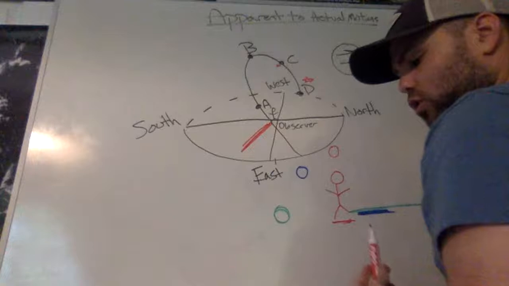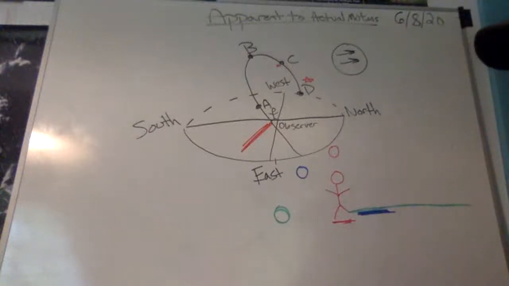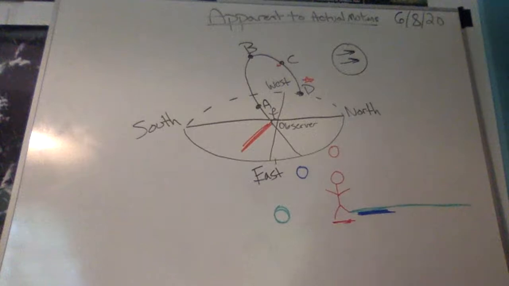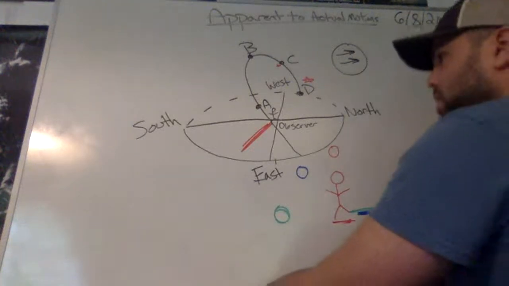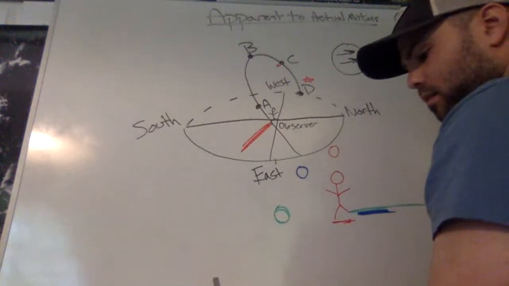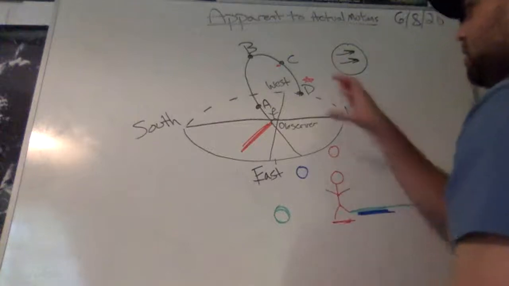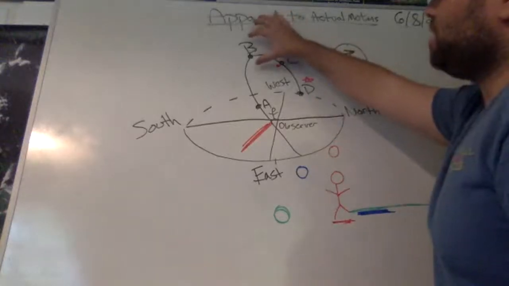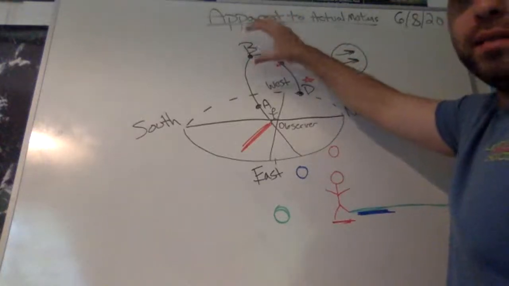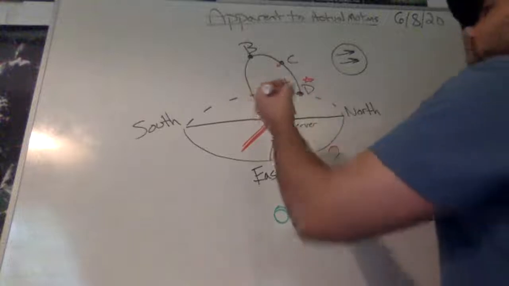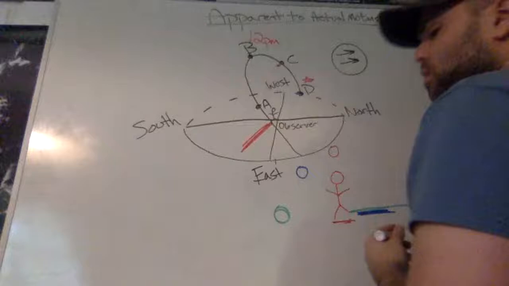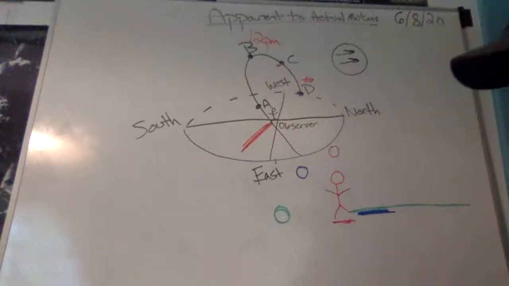Our choices are 6 a.m., 9 a.m., 3 p.m., and 6 p.m. So we have to figure out which time it's going to be. Where the sun is at the highest part in the sky, that is always going to be 12 p.m.